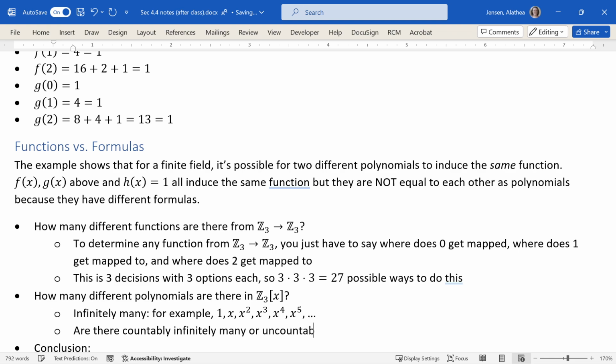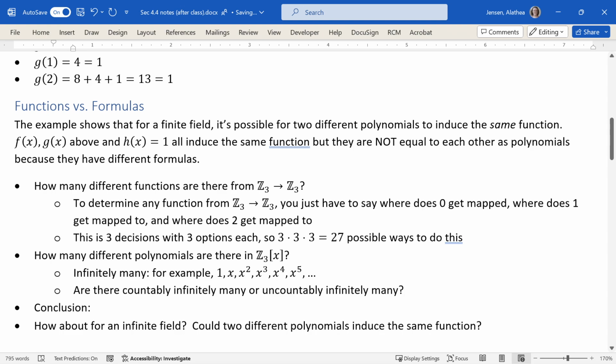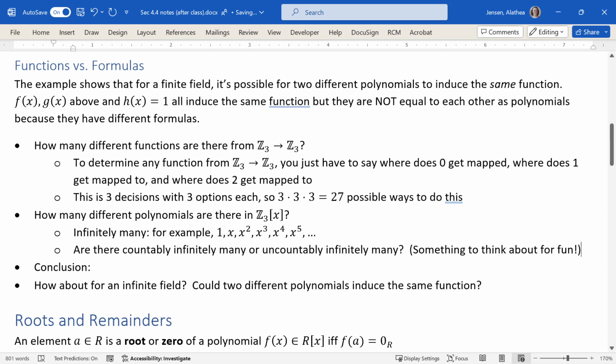I think it would be difficult for you to answer it, maybe until you've had real analysis or something. So, something to think about. Put that under your pillow at night, maybe. You could try Cantor's diagonalization argument, I suppose, with some polynomials.